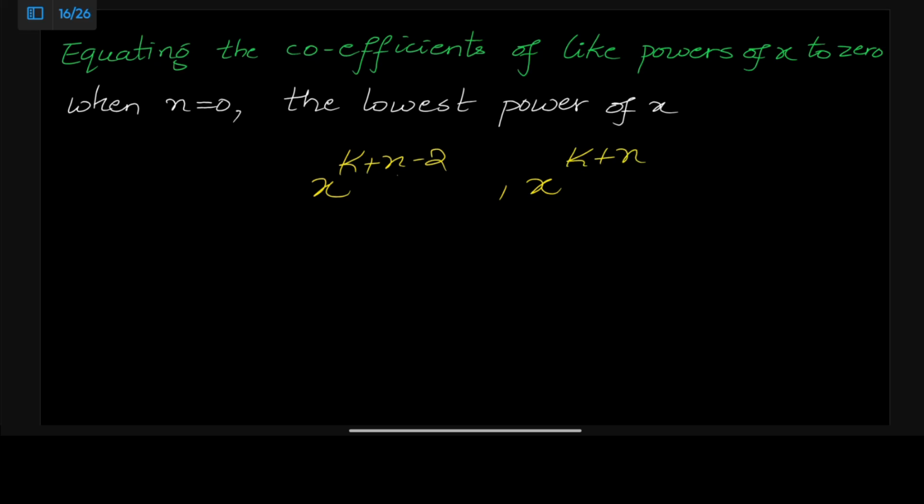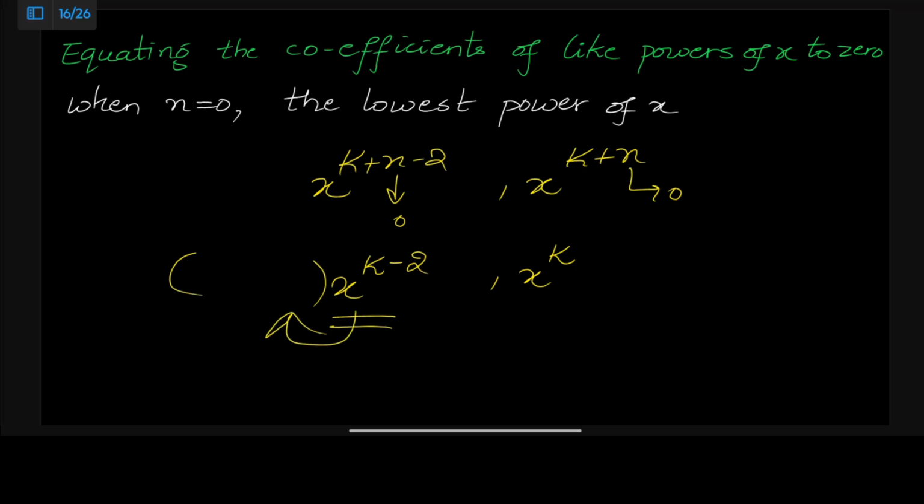So if I substitute the value of n as 0, I would get the power as x raised to k minus 2 and another with x raised to k. Now if this also becomes 0, now the lowest power would be this. Now the coefficient attached to this power, if I equate this to 0, since the RHS is also 0, I can equate the coefficient here to 0.